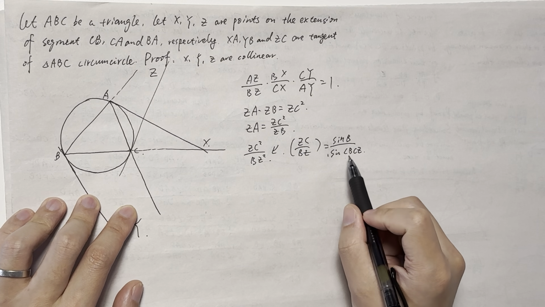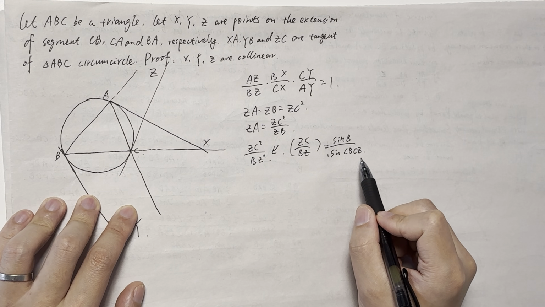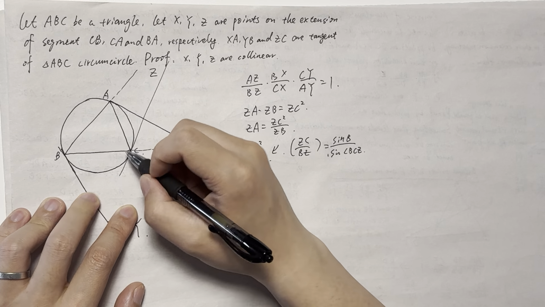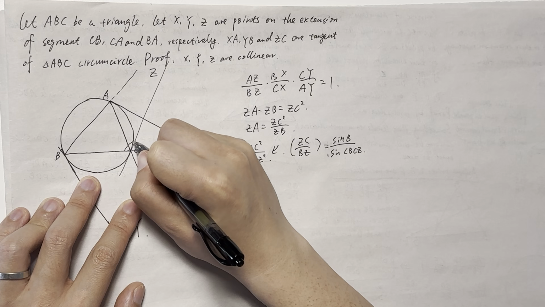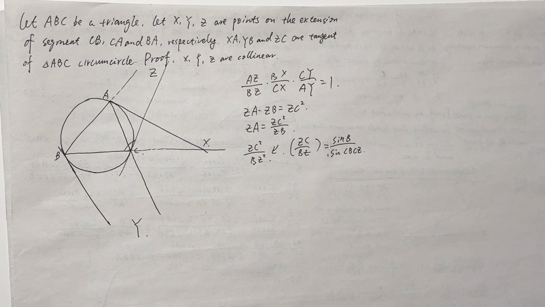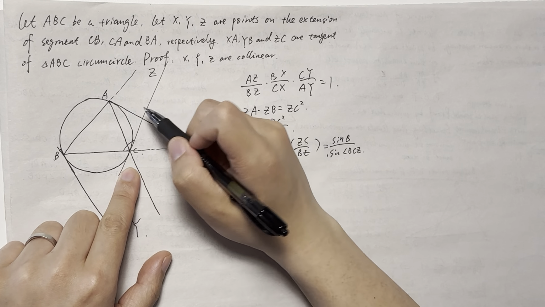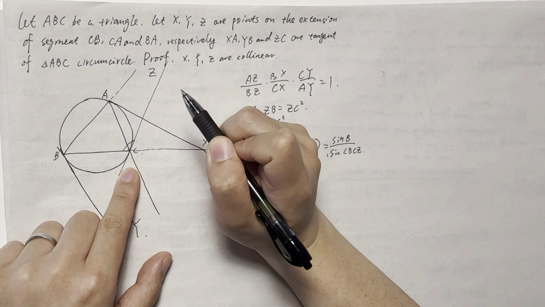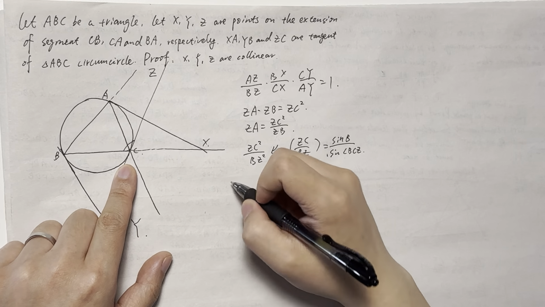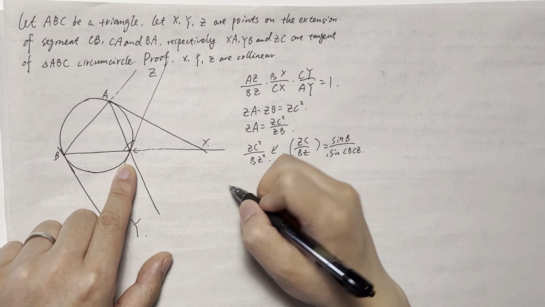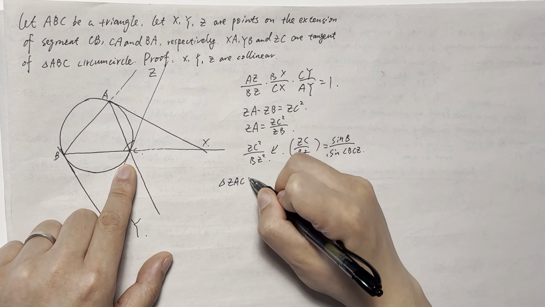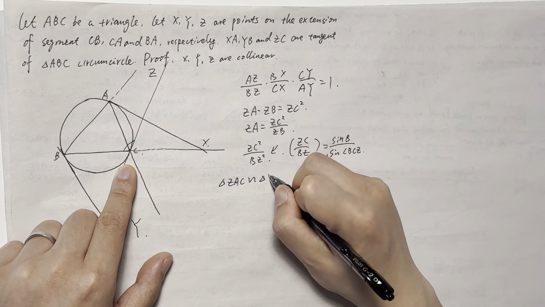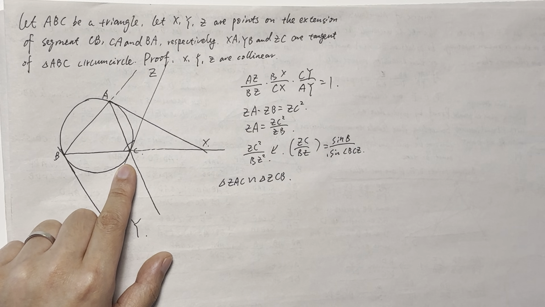Now we need to think about what BCZ is. BCZ, it's this one. Because triangle ZAC is similar to triangle ZCB, right?